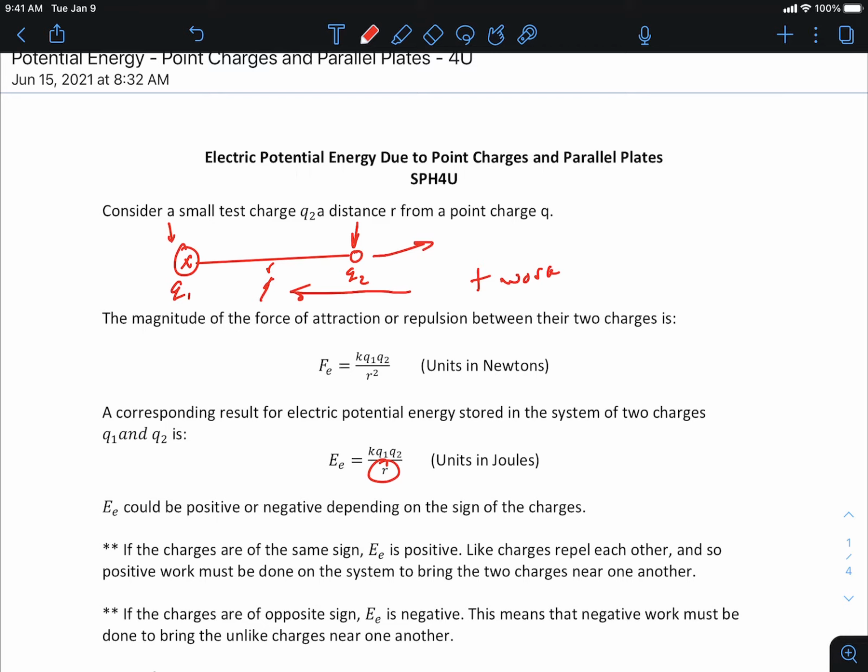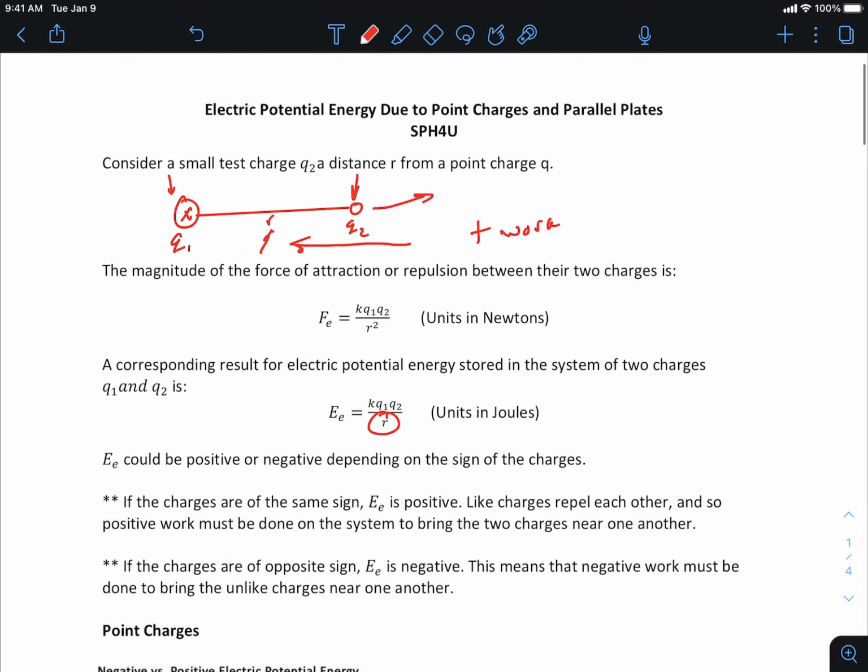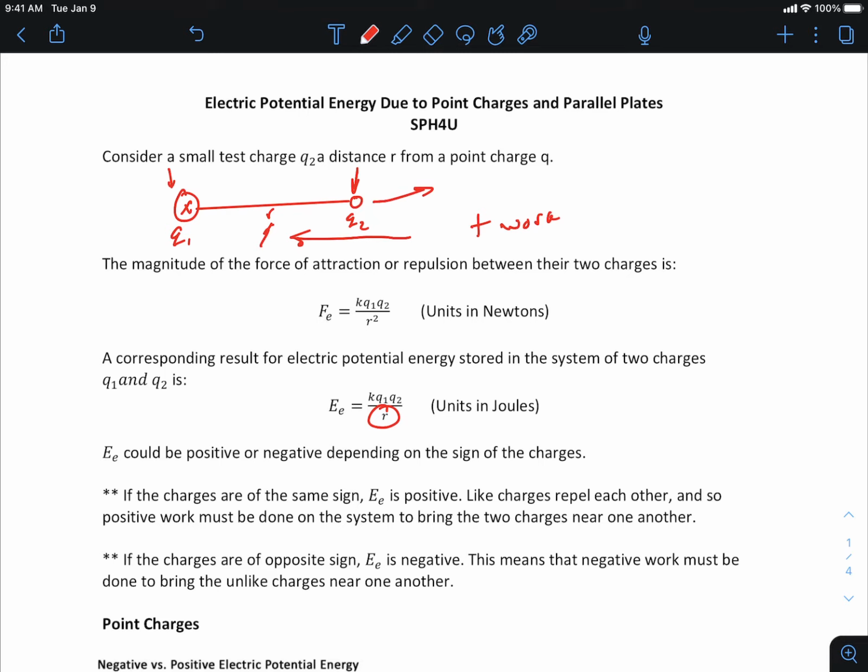The opposite is true if the signs are opposite. The potential is going to be negative, because now the point charge Q2 is attracted to Q1. For us to move it closer, that would be like when the customer came along in the store and took the case of pop from the shelf and put it into her grocery cart.